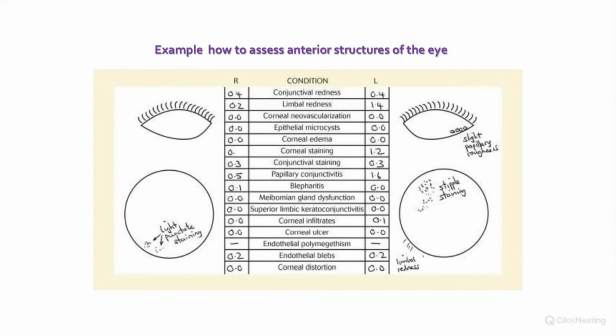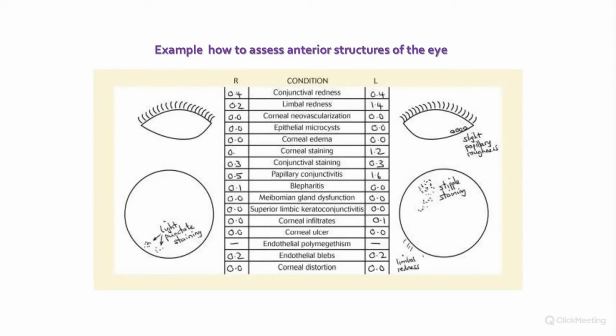And my suggestion for all optometrists: when you make your notes on a patient card, it is very important that you make them, maybe in this case, where you can see that this evaluation of grading scales is made in a decimal system, as here, right eye and left eye.